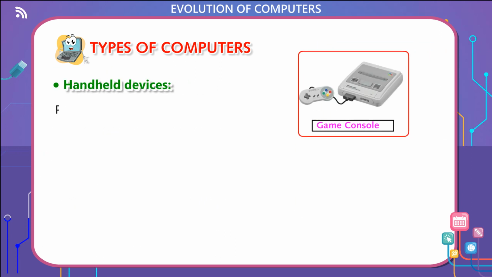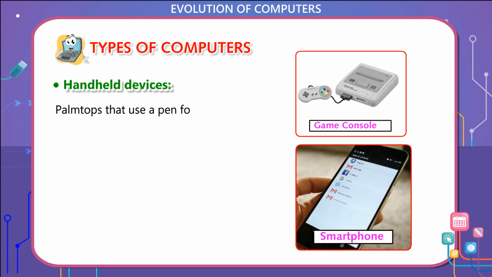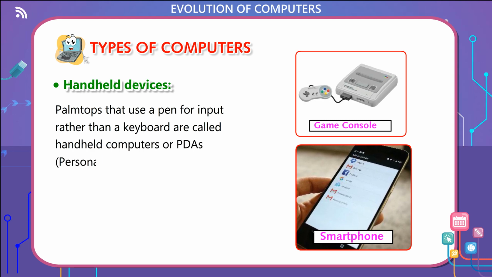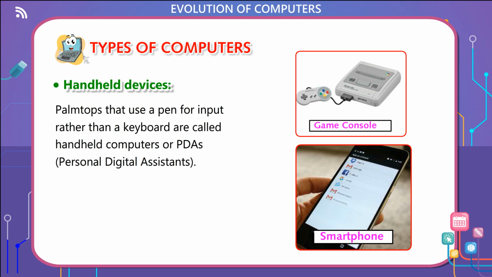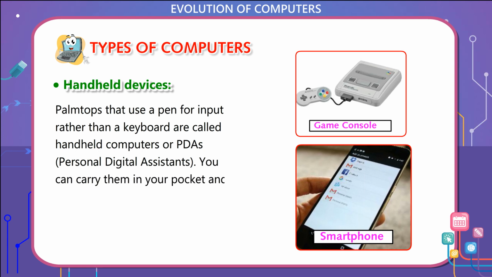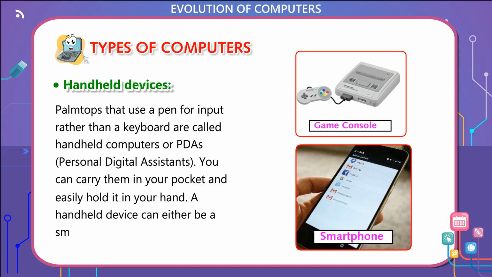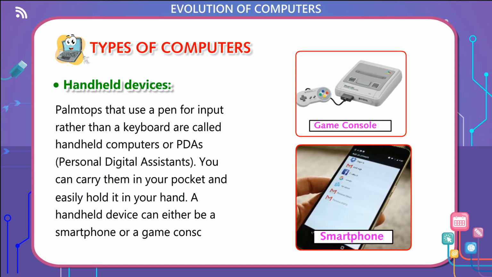Handheld devices. Palm tops that use a pen for input rather than a keyboard are called handheld computers or PDAs, personal digital assistants. You can carry them in your pocket and easily hold them in your hand. A handheld device can either be a smartphone or a game console.